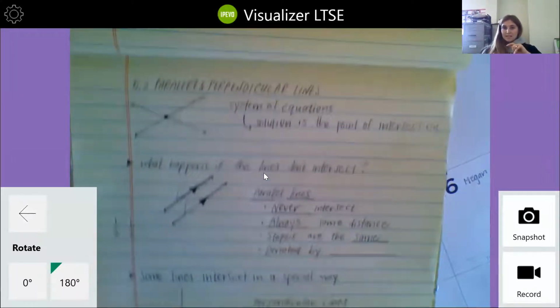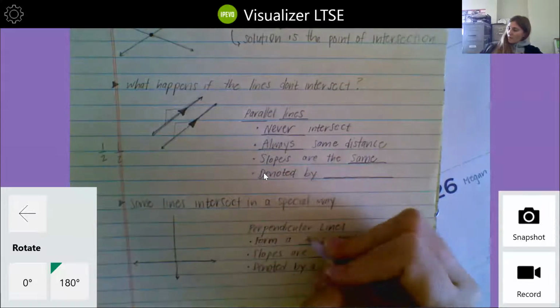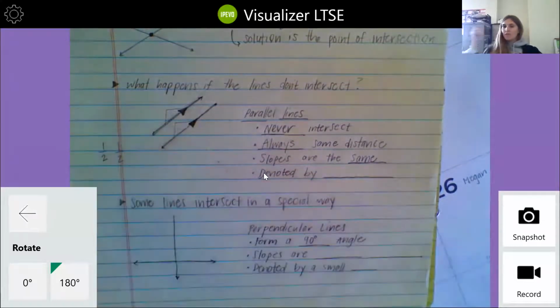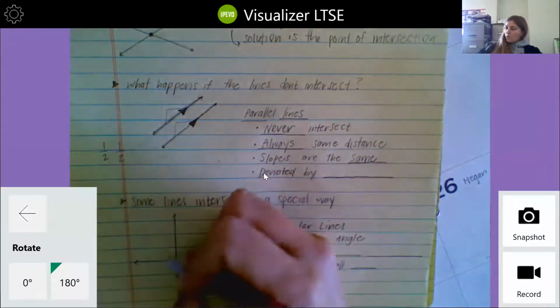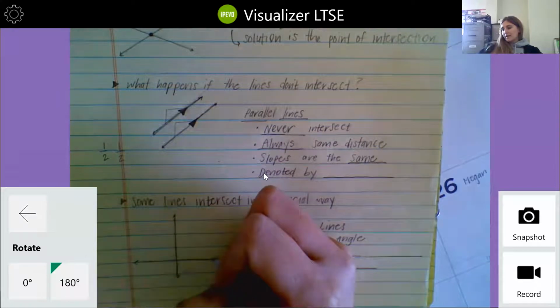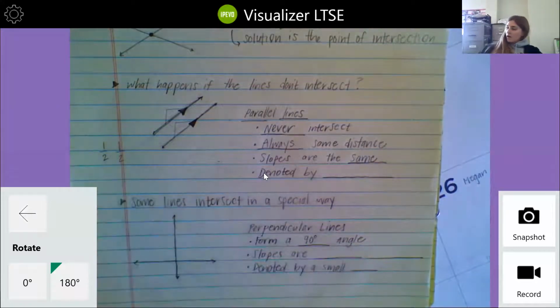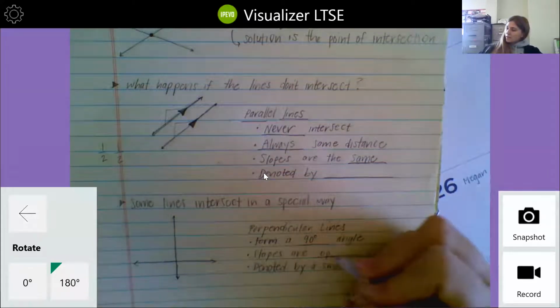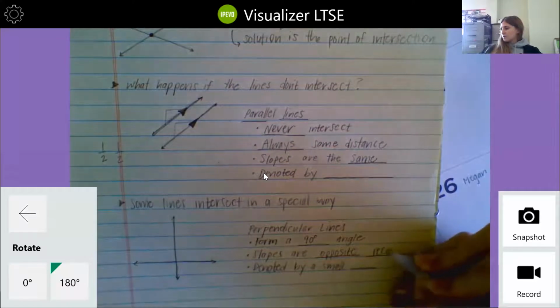But some lines intersect in a special way, and that would be perpendicular lines. So perpendicular lines form a 90-degree angle. And the slope of one perpendicular line compared to its counterpart, they are opposite reciprocals.